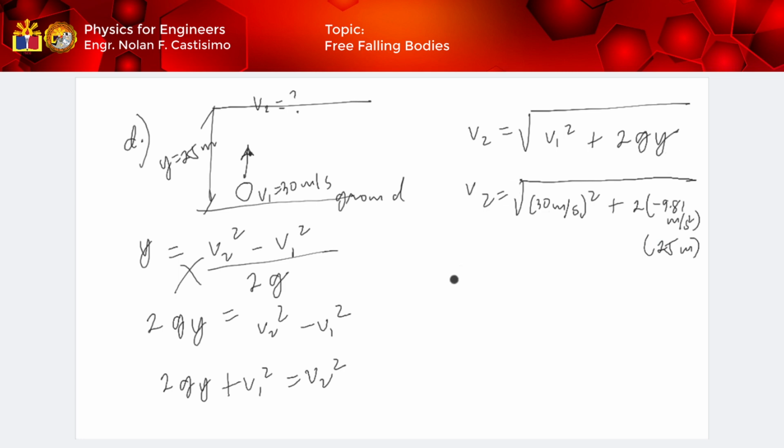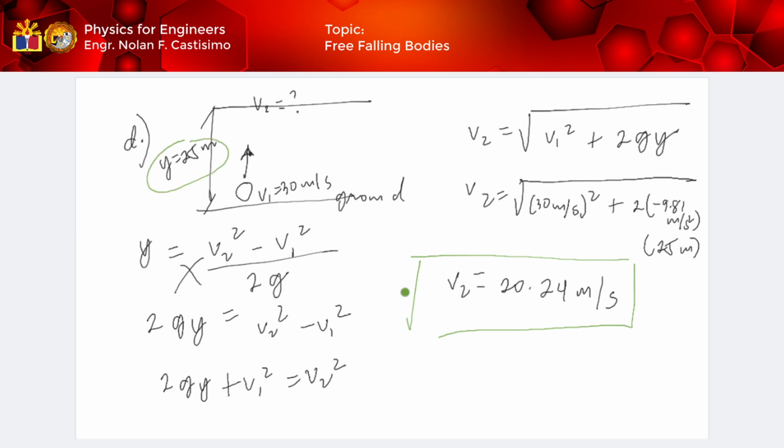So, ang V2 natin ay equivalent to 20.24 meters per second. This is the velocity of the stone nasa 25 meters distance. Ayan, so nasolve na natin ating 4 example problems for free falling bodies. So thank you for watching.